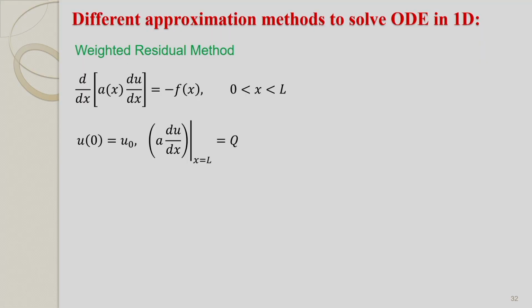So, first we should understand what is residue. By residue we mean, if we replace our dependent variable by the approximating function in the differential equation, then we have residue.